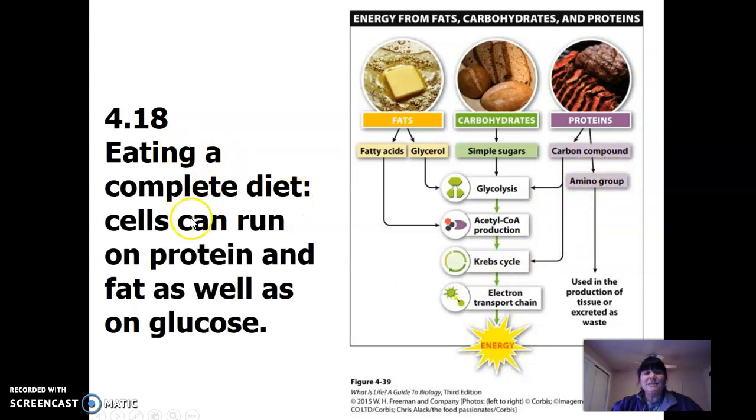So eating a complete diet, cells can run on protein and fats as well as glucose. Some of those diets that you hear about, like the Atkins diet or the paleo diet, where you're just eating fat and protein and you think you're going to lose more weight. Well, we have to undergo these other reactions to release that ATP. It's not so simple as just releasing it from the sugars.